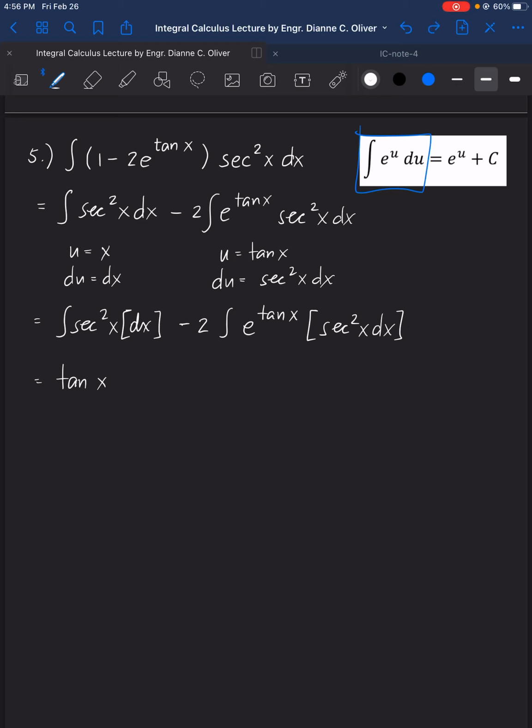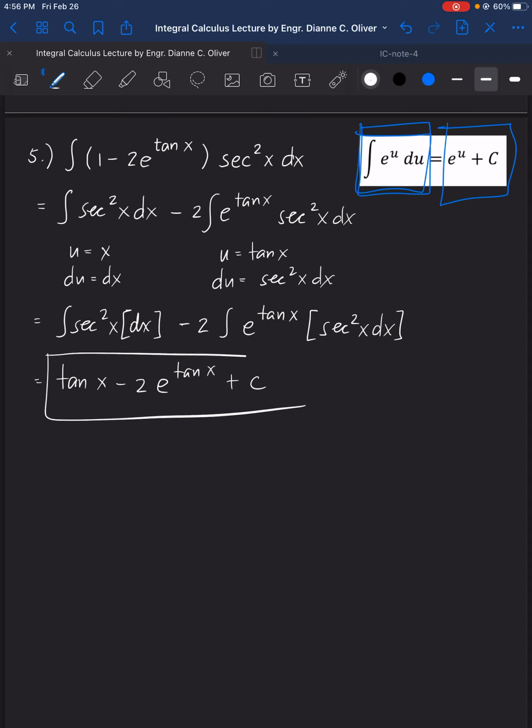So since we were able to satisfy this pattern, therefore we will proceed with the pattern of the answer. That is negative 2 e raised to tangent x plus c. So that is the answer for number 5.